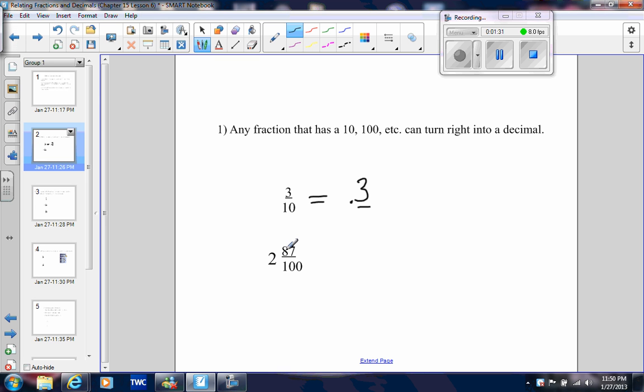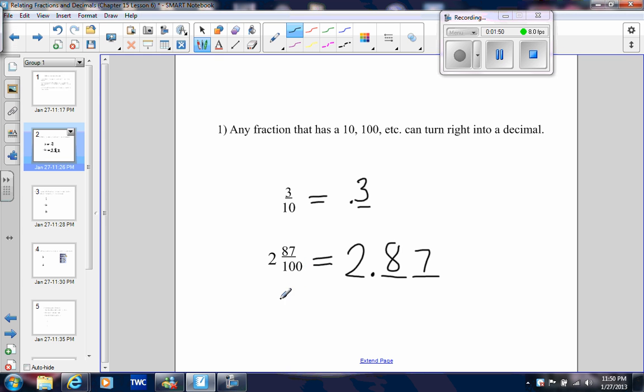This is 2 and 87 hundredths. So again, it's going to be the same exact thing. Here's 2, and the decimal point, and then hundredths is 2 decimal places. So 2 and 87 hundredths. So these two are the same right here.